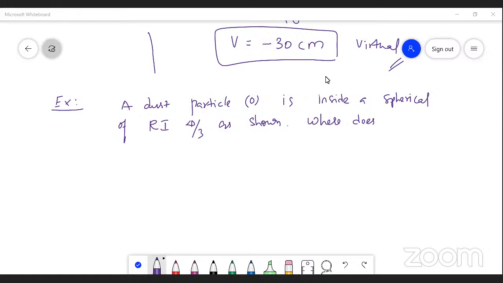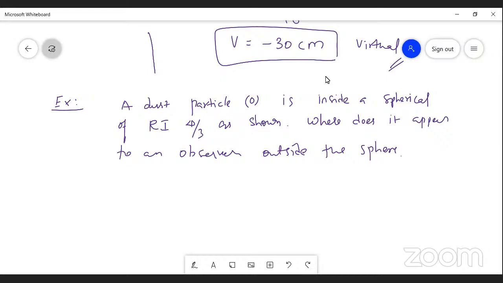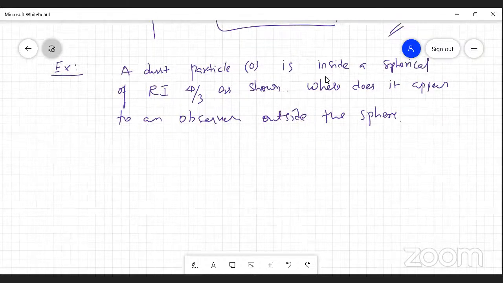This is a very important question. Where does it appear to an observer outside the sphere? Consider one sphere.